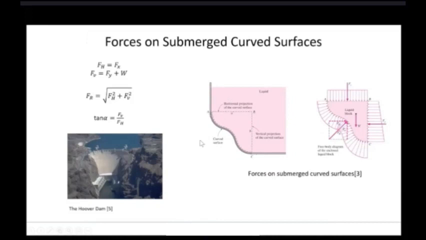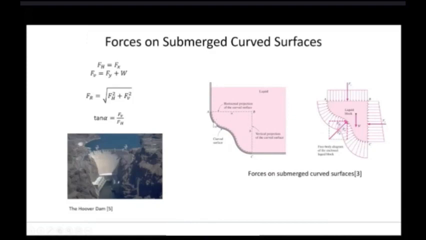And we know if this is set in equilibrium, that FH, the horizontal forces on this curved surface, are the same as the horizontal forces on this flat surface. So if we calculate Fx, the force on that flat surface, that's going to be the same as the horizontal component on the curved surface. So Fh, the horizontal force, is equal to Fx.